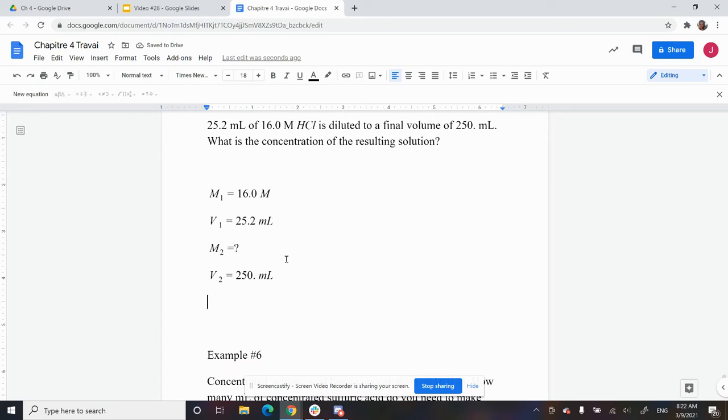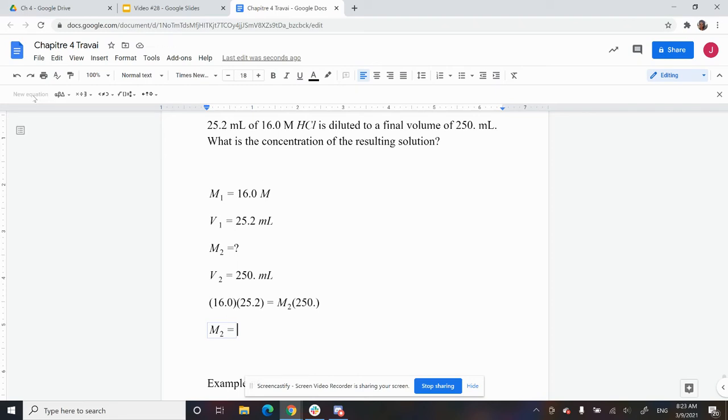You actually don't, since they're both in milliliters, but if one were in milliliters and one were in liters, then you would have to. I round this to 3 sig figs.